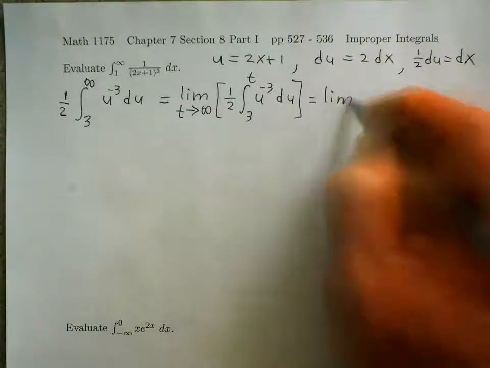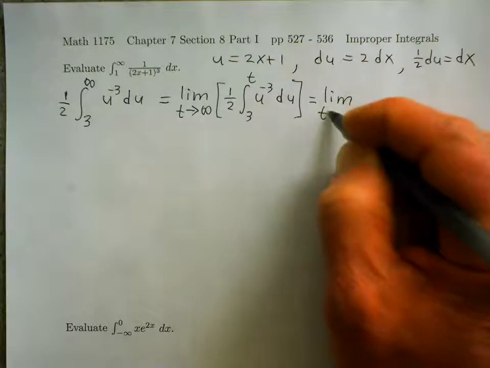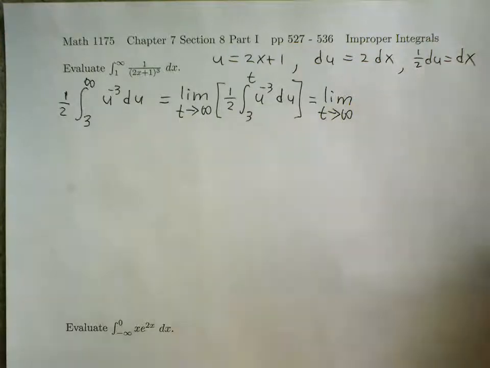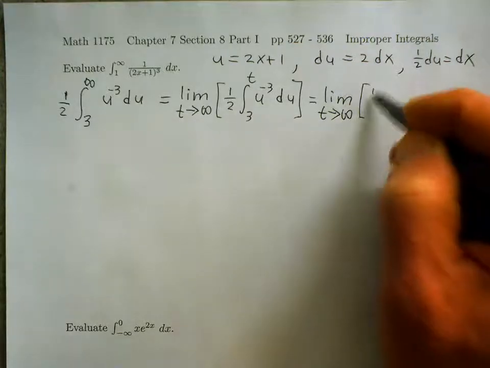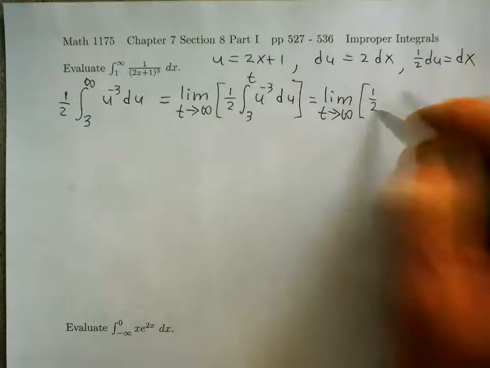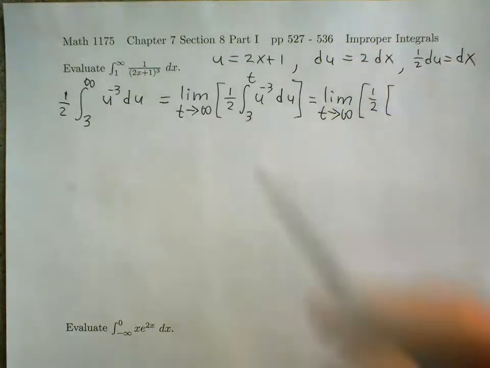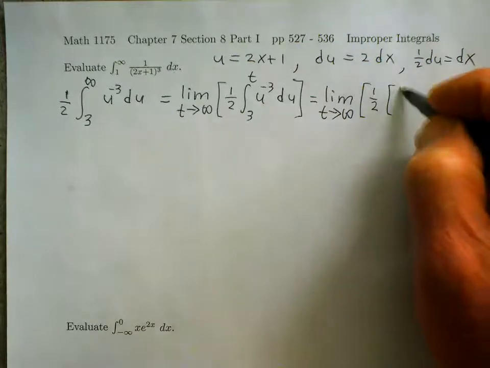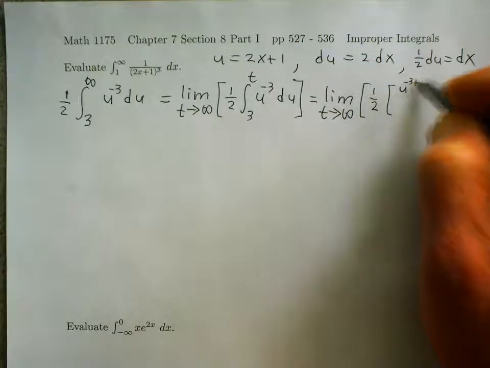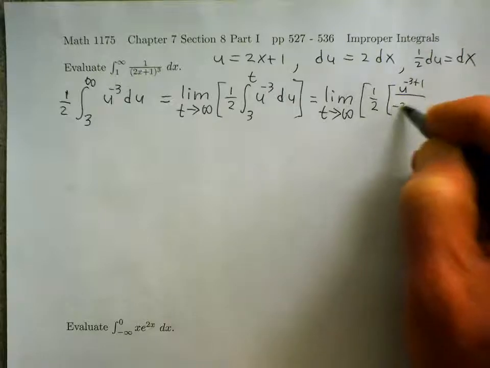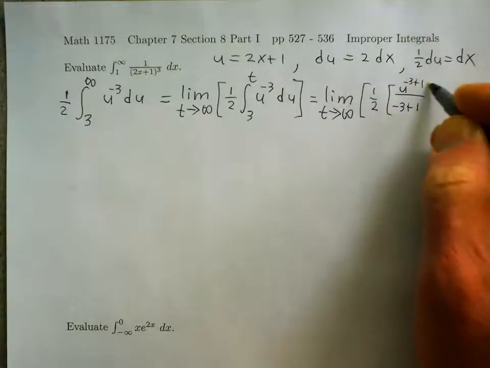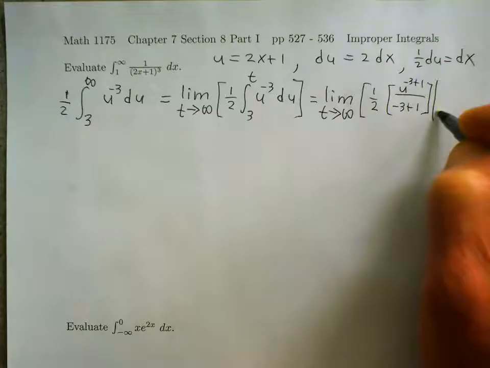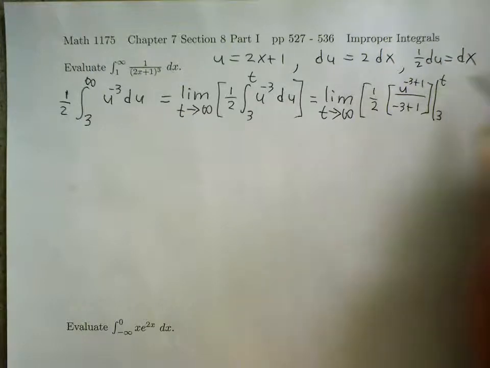Okay, so just a little bit more arithmetic. So the antiderivative, u to the negative 3 plus 1 over negative 3 plus 1, from 3 to t.